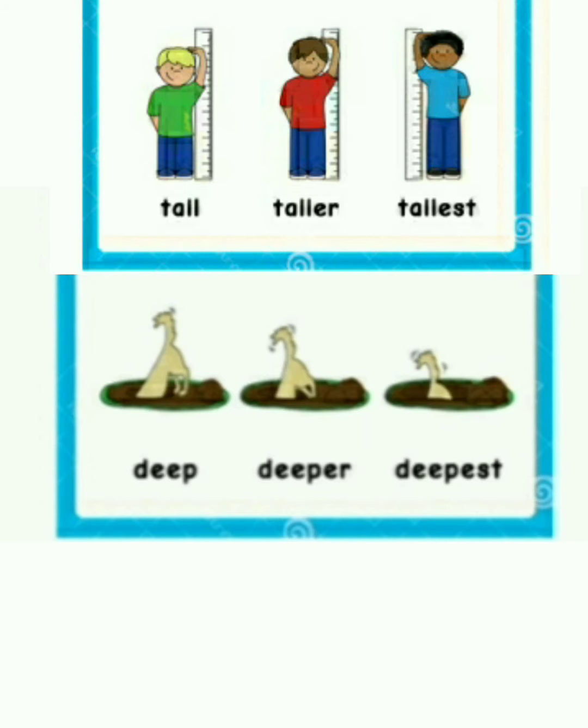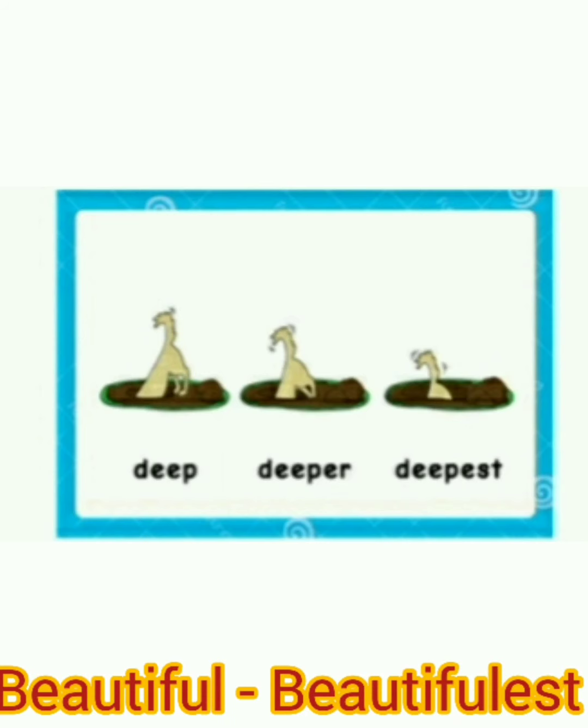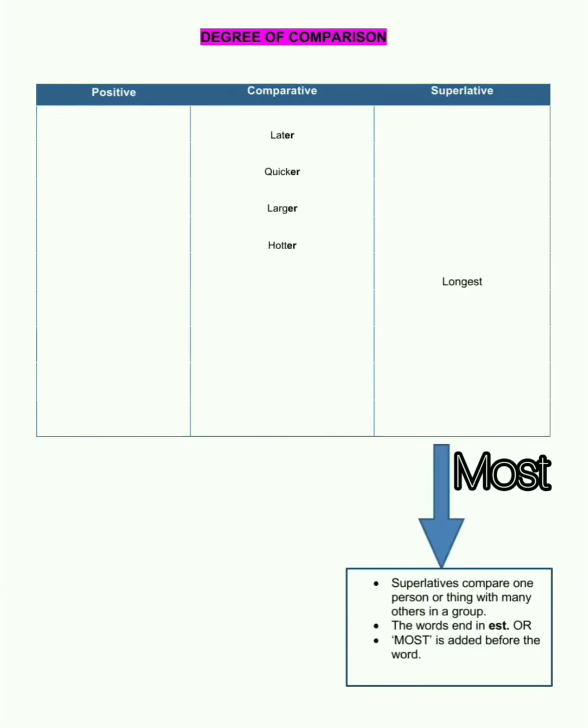Also keep in mind, there are certain words like beautiful or famous, to which EST cannot be added. Beautiful can't turn to beautifulest, right? In such cases, we use the word most in superlative degree, and in comparative degree, we use the word more.